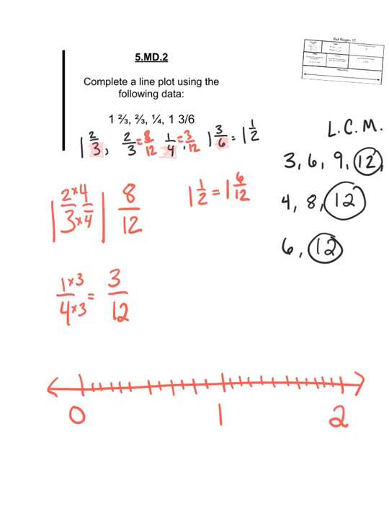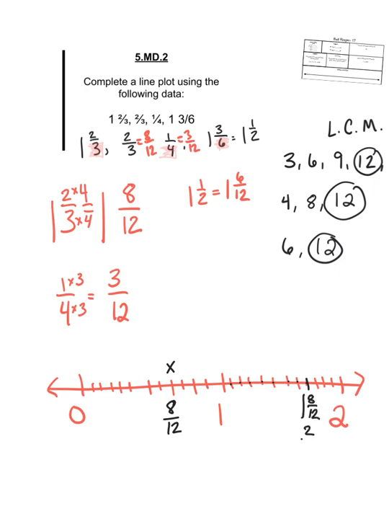I have 8/12, so let's see. 1, 2, 3, 4, 5, 6, 7, 8. And then 1 8/12. 1, 2, 3, 4, 5, 6, 7, 8.